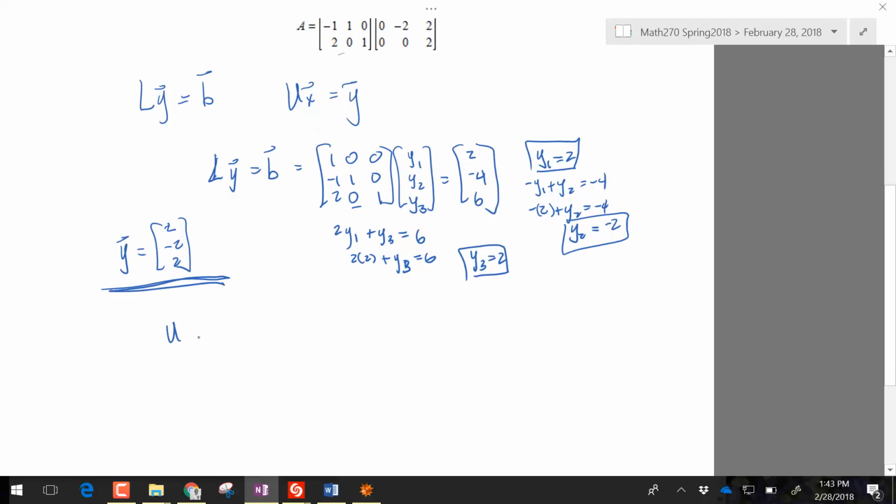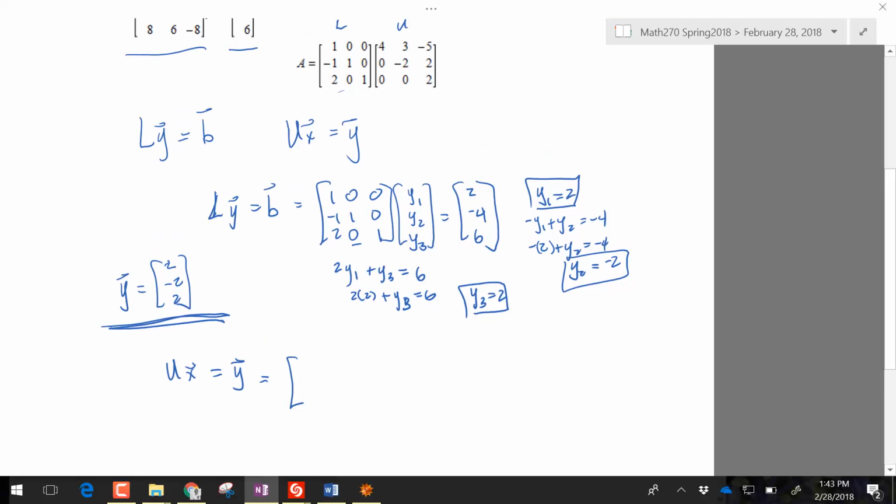So now Ux is equal to y, which says our U matrix, 4, 3, minus 5, 0, minus 2, 2, 0, 0, 2, times what you're looking for is equal to what you just found.